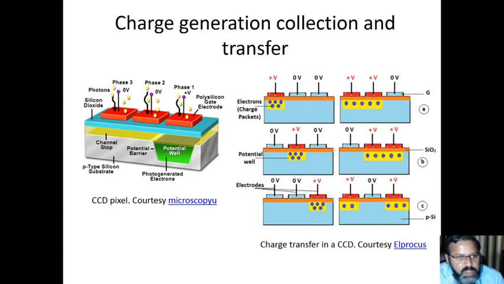That is shown in the figure on the right side, where initially the charges are held at the first gate, and once the exposure is done, these two gates are clocked positive so that the charges are held between these two gates. Then the first gate is lowered to 0 so that now the charges are held with the middle gate. Likewise, the process moves on and the pixels are moved outside the CCD.